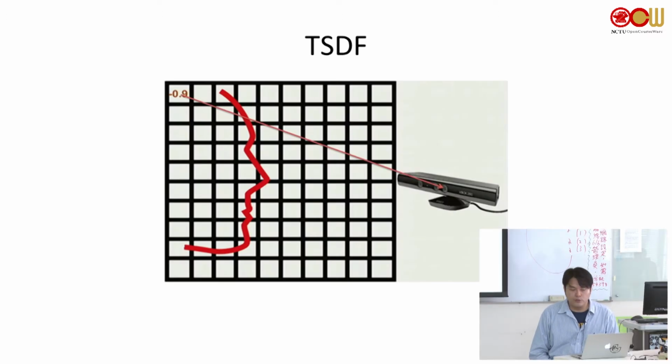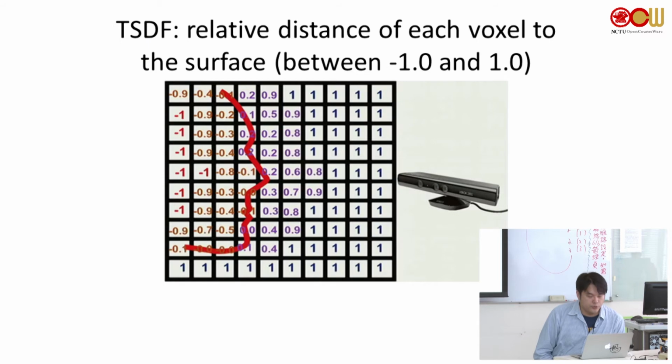Suppose you have a surface, like a human side face over here. The first thing is to compute the relative distance of each voxel to the surface. You could see from the left-hand side that as long as the voxel is close to the red surface, it's close to 0.